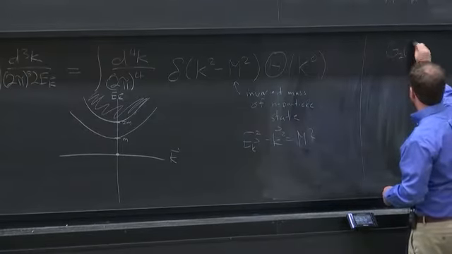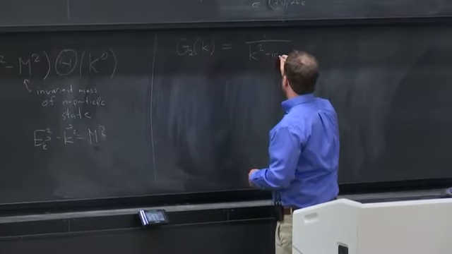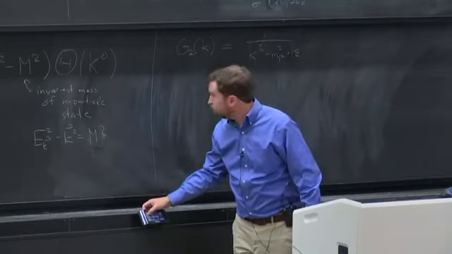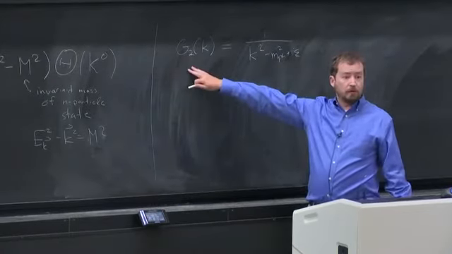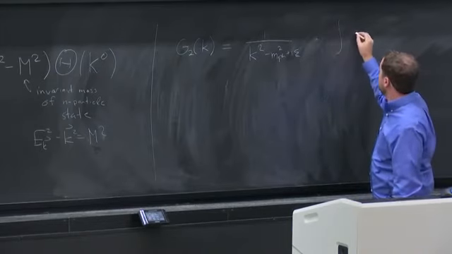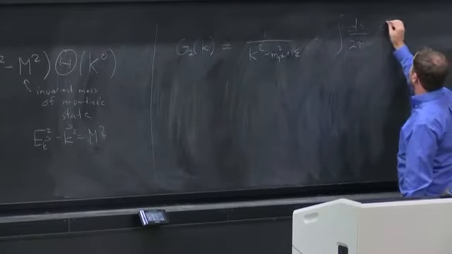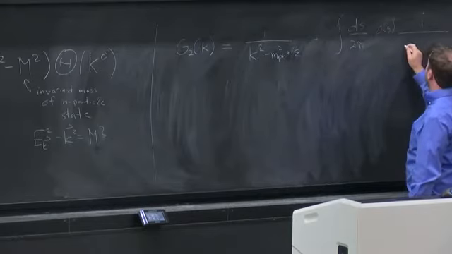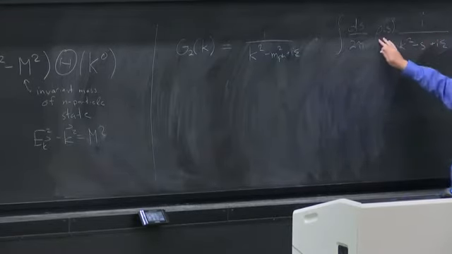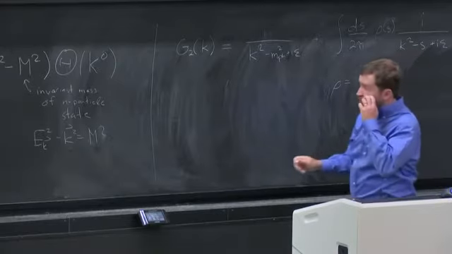So the result, I'm skipping a few steps here, is that the Fourier transform of the two-point function has a term that looks like the free propagator, and another term which also looks like the free propagator, but has this extra factor rho, and rho contains just these deltas.